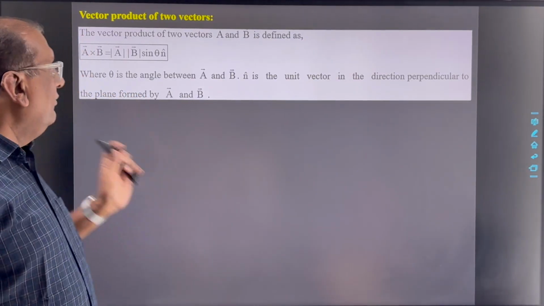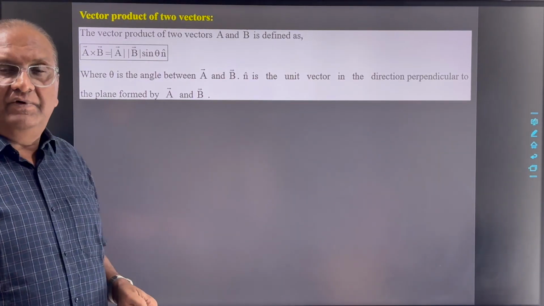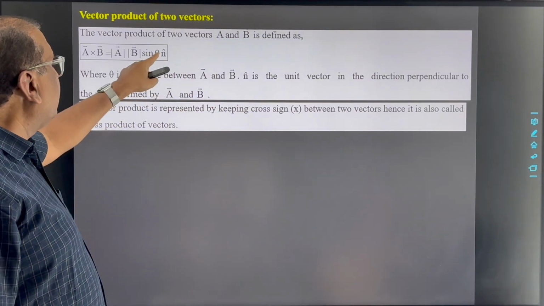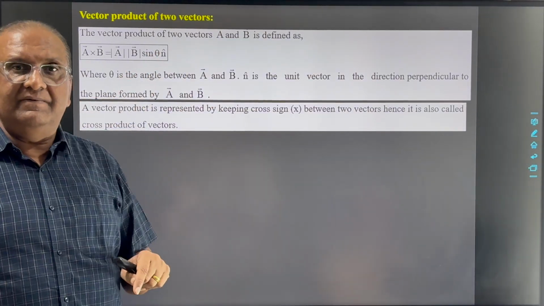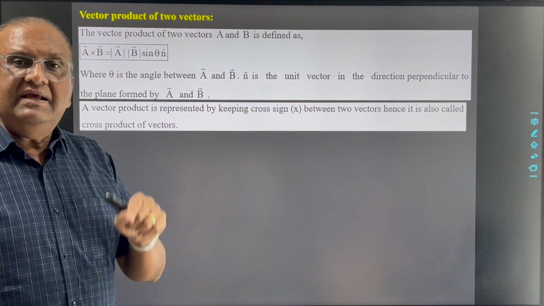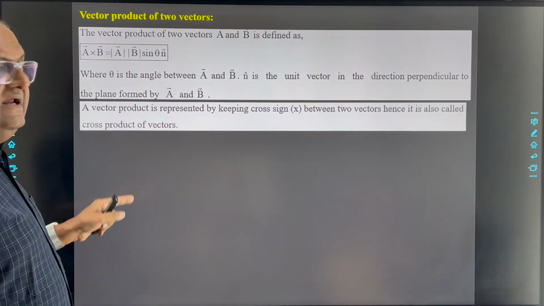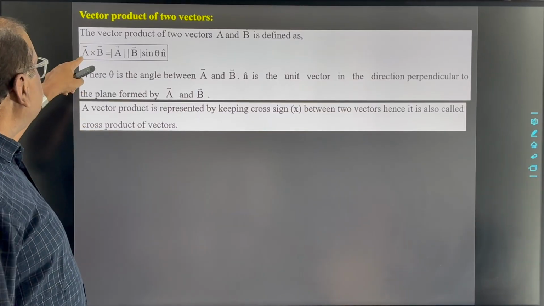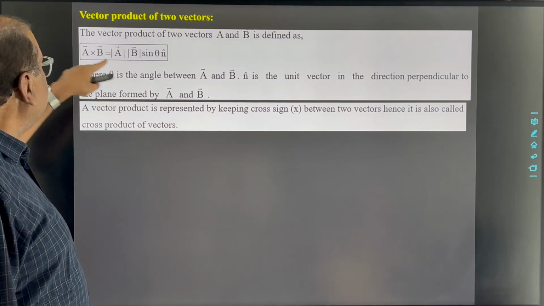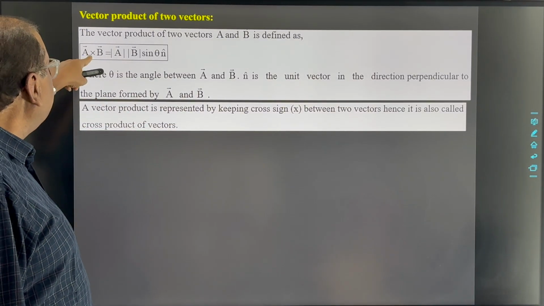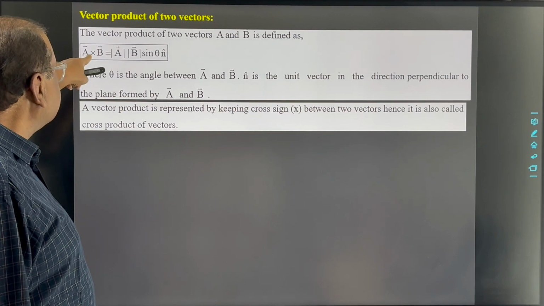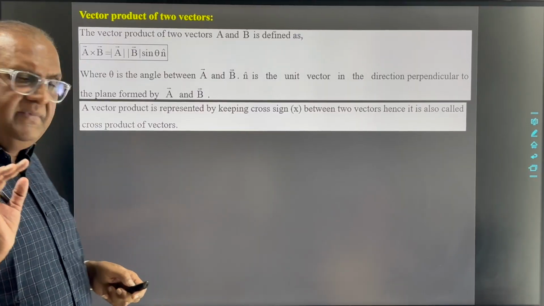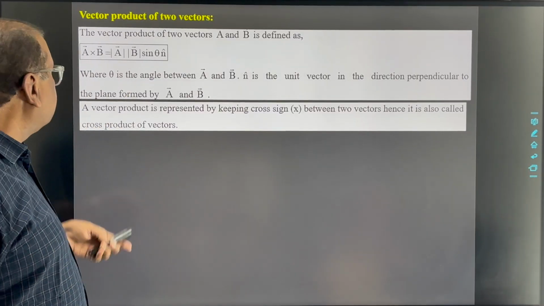The direction of n caret, the unit vector appearing in the definition, is given by the right hand screw rule. This is also called the cross product because the symbol of cross is placed between vector A and vector B.